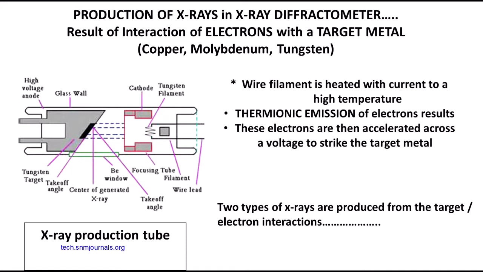By applying a large electric field between this heated filament or cathode and the target or anode, we can accelerate the electrons towards the target. That electron beam is directed towards our target material, in this case copper again, and the copper has cooling water flowing through it to keep it from heating due to the electric current in the beam impinging on the target. We don't want the copper to melt when the electrons interact with it.